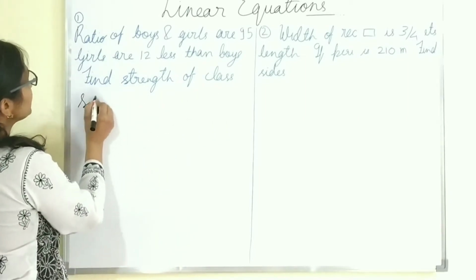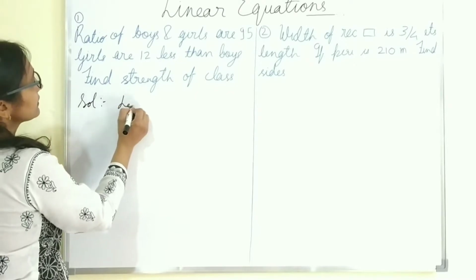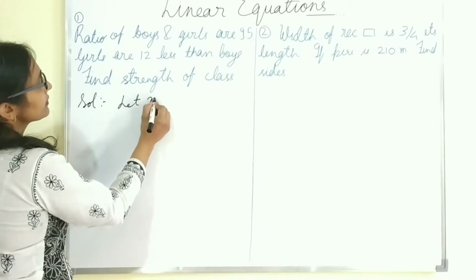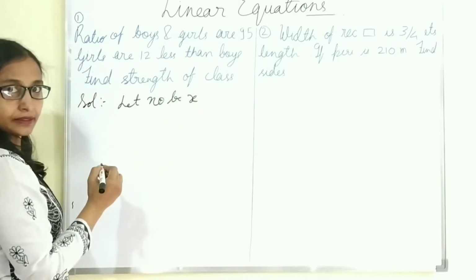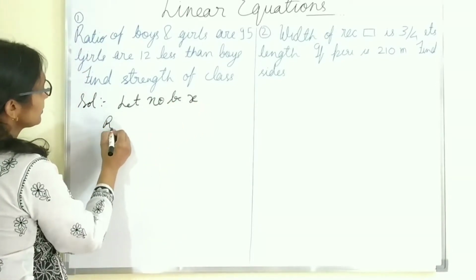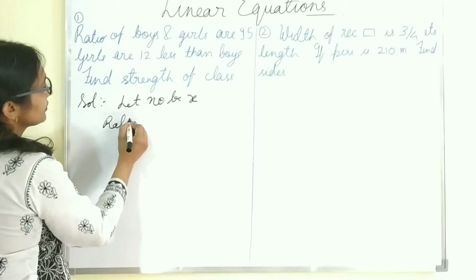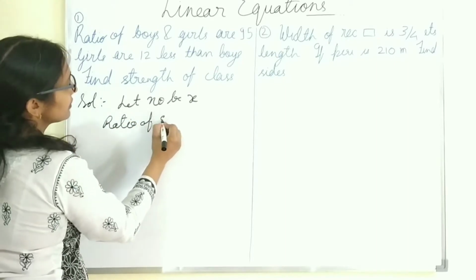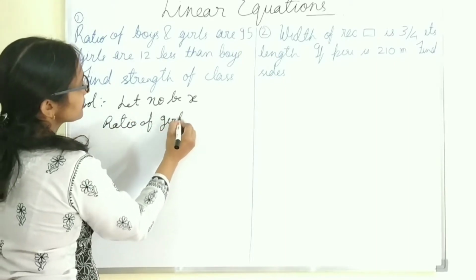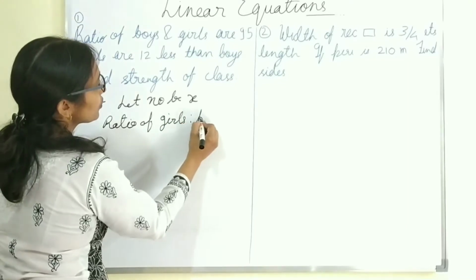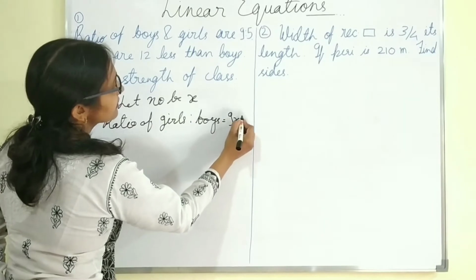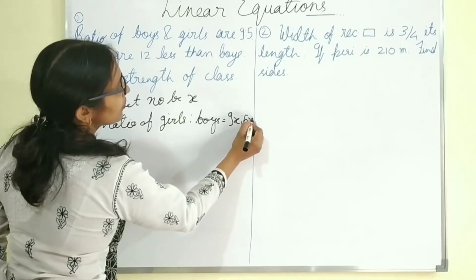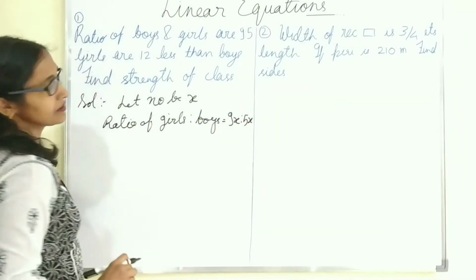So the solution is, let the number be x. The ratio of boys to girls will be 9x is to 5x.